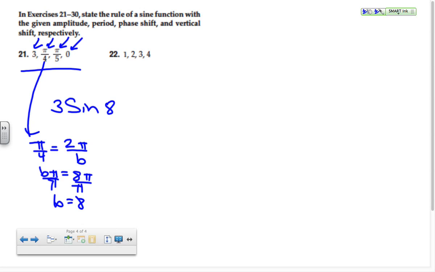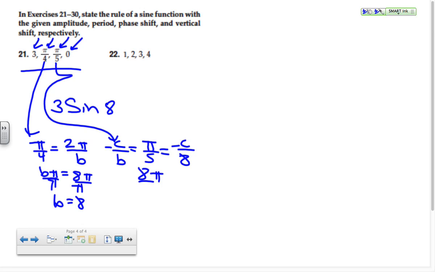Okay, now my c value, so this is negative c over b, is this value right here. That means that pi over 5 equals negative c over 8. So we're going to basically multiply both sides by 8.